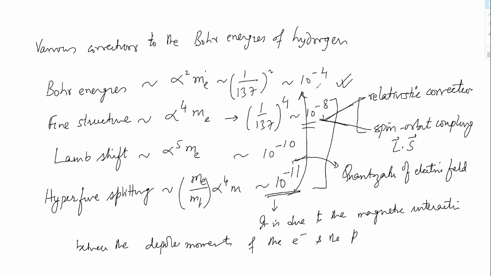Now, since you have already been taught the hydrogen atom problem, please go back to your notes and find out the expectation value of 1 by r, which for the ground state is 1 by a naught, the Bohr radius, or in general is 1 by n square a naught.